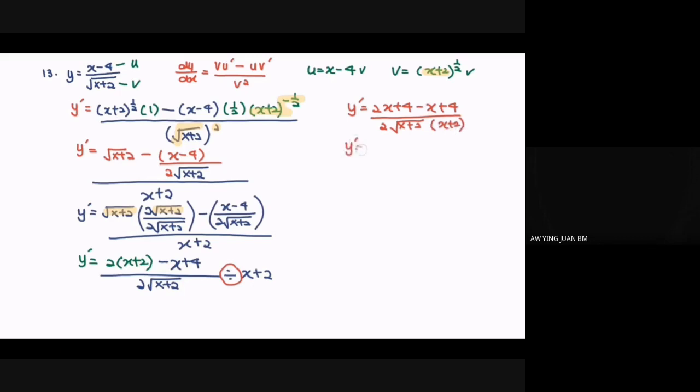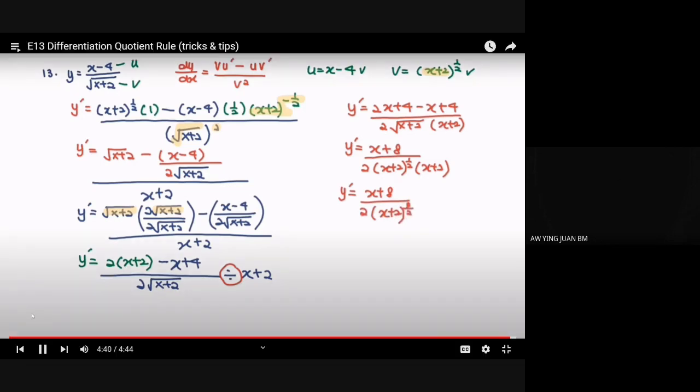So y prime will be equals to x plus 8 over 2 bracket x plus 2 power of 1 over 2 multiply with x plus 2 power of 1. By using the properties of indices, we can combine the situation, and finally y prime will be equals to x plus 8 over 2 bracket x plus 2 to the power of 3 over 2. So here we are, and thanks for watching.